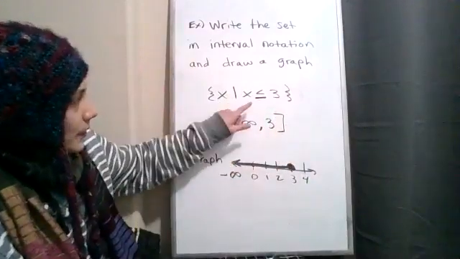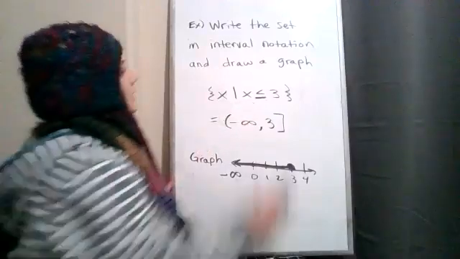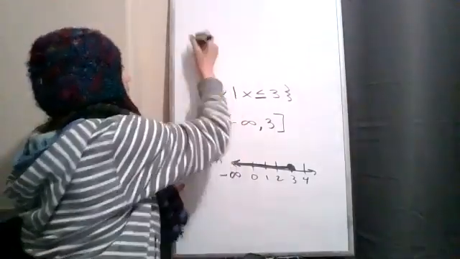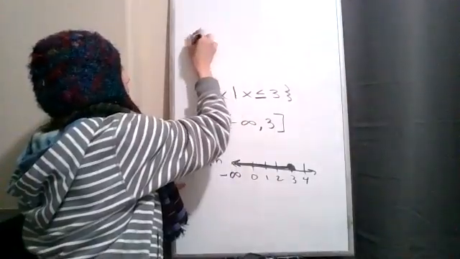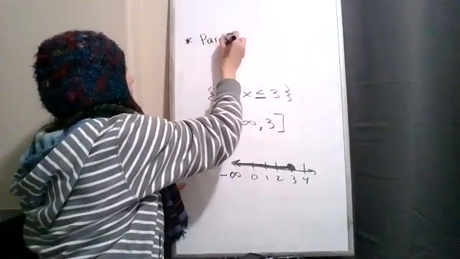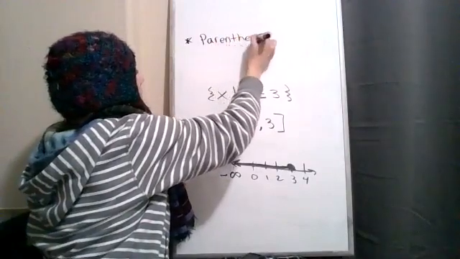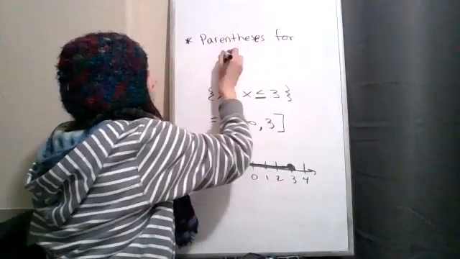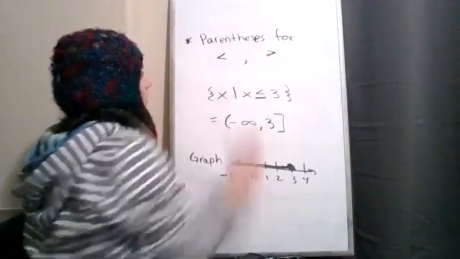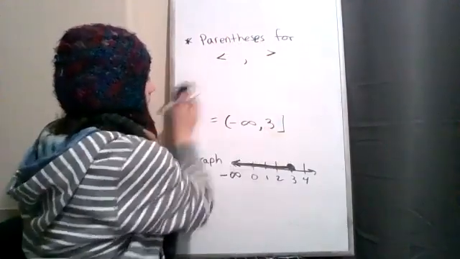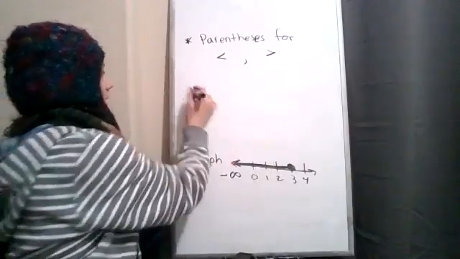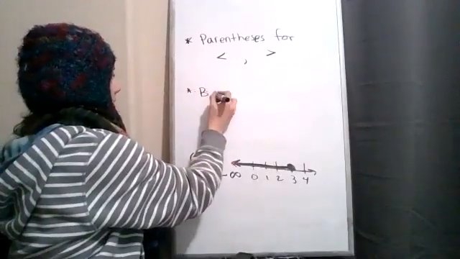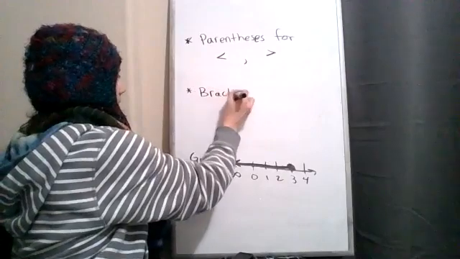So you use parentheses for these symbols. Then brackets. We'll put square brackets.